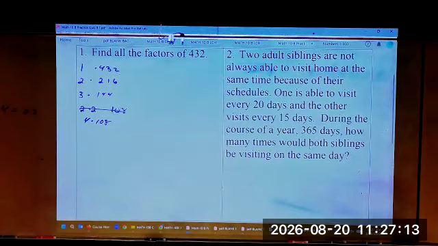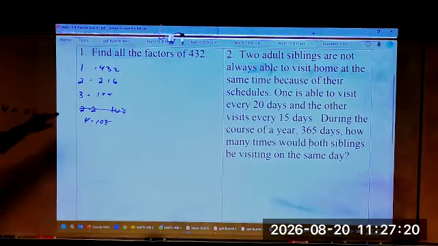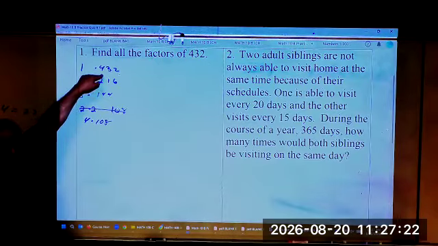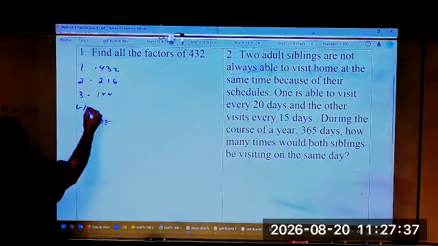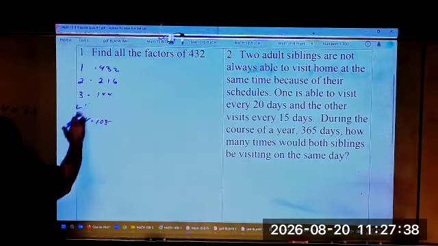If you didn't use a calculator, you go up here and go, all right, 432 divided by 4 is 108. You see the pattern that you should be getting. Over here on the left-hand side, the numbers are doing what?